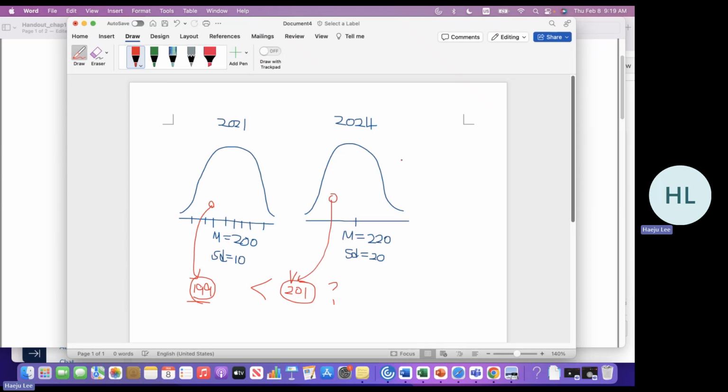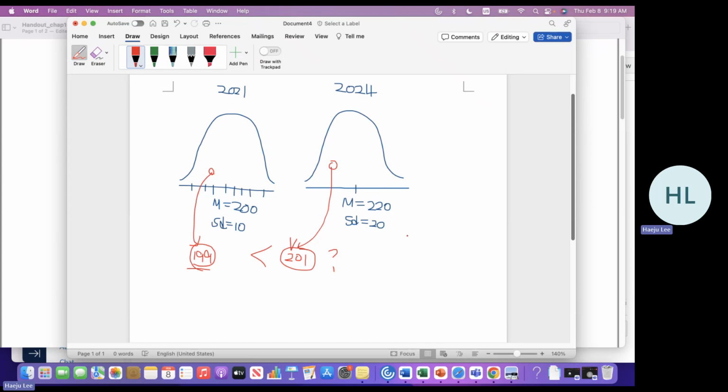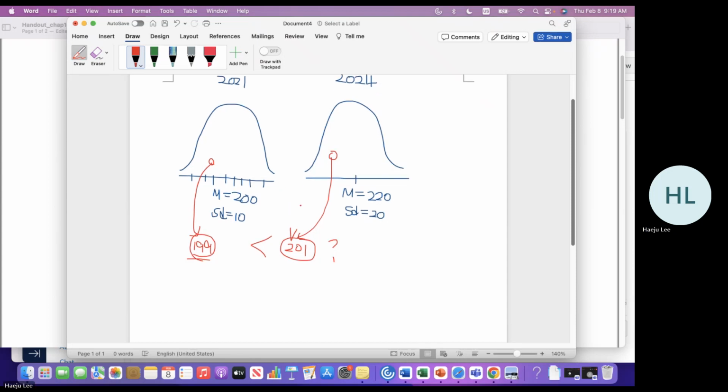No, we cannot compare those distributions directly. So in this case, we need the standard score to compare the measures.